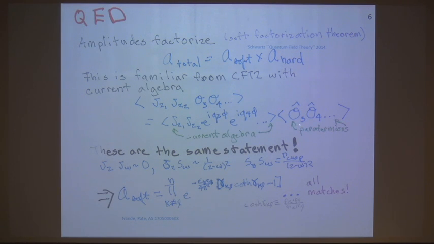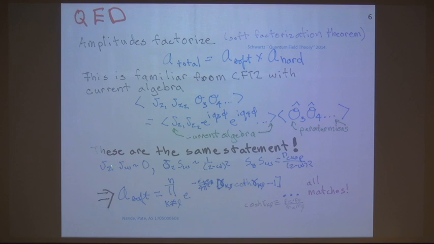Gepner called them parafermions. These are non-local operators, essentially the original operators with the U(1) boson piece stripped off. So there's this universal piece and a more complicated piece. This is the hard piece, and this is the soft piece.